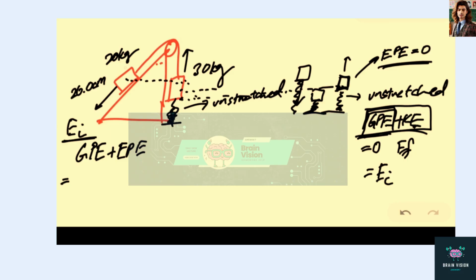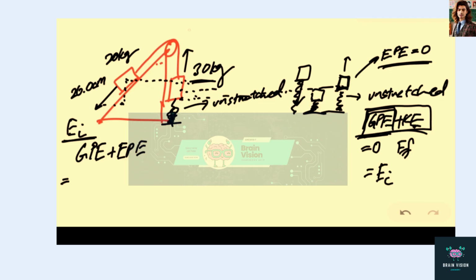For the 20 kilogram mass, it has gone below its reference point, so its gravitational potential energy is negative, when it has been pulled down by 20 centimeters. The 30 kilogram mass's gravitational potential energy is positive.